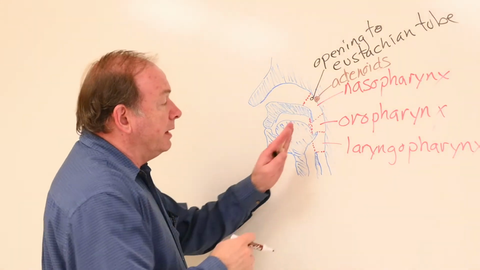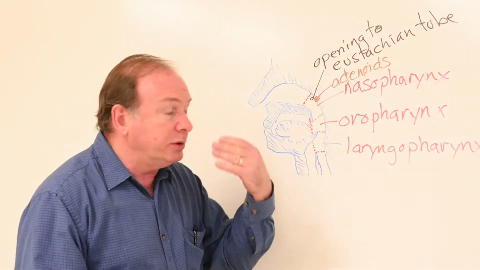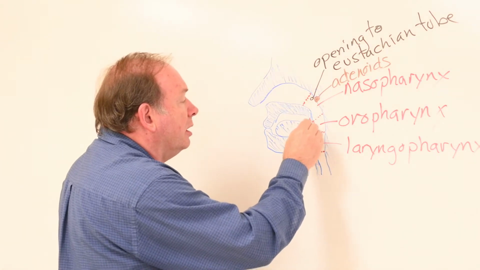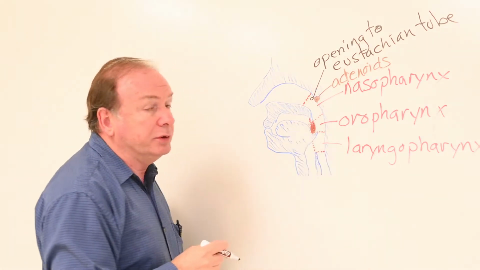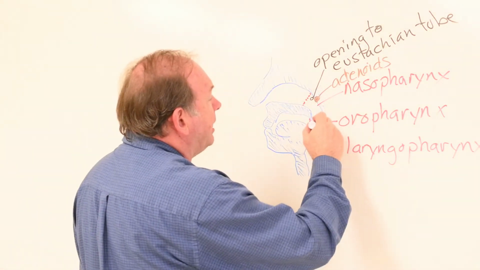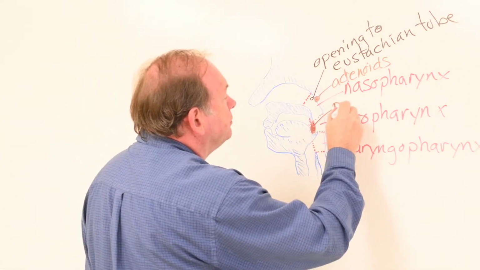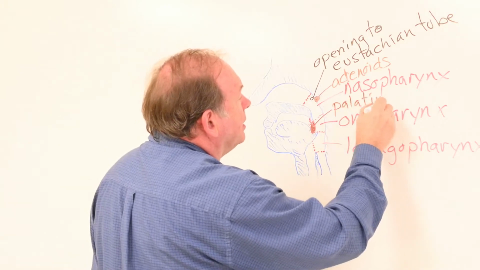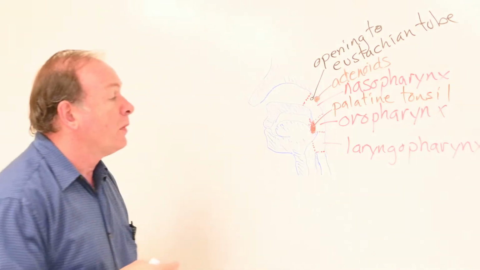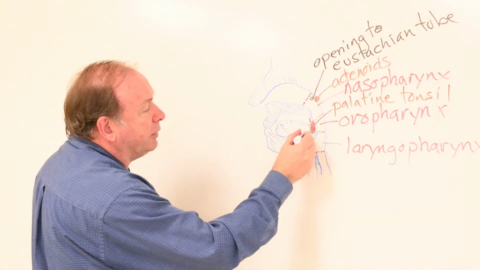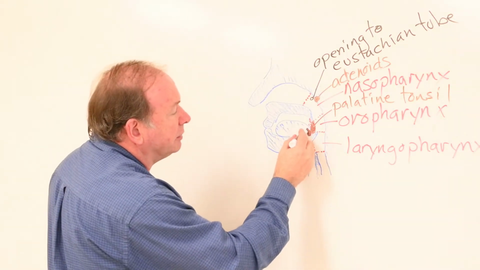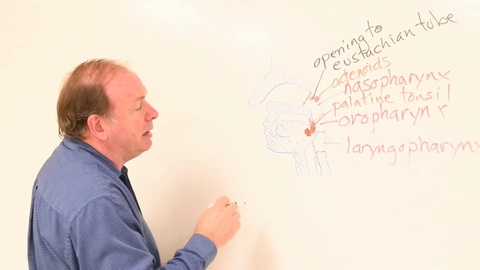In your oropharynx, immediately behind your palatoglossal arch on both sides, you have your larger tonsils in there, what we know as palatine tonsils. So there's our palatine tonsil. Also in the base of your tongue, though we don't usually talk much about it, there's a tonsillar arrangement right here in the base of your tongue.